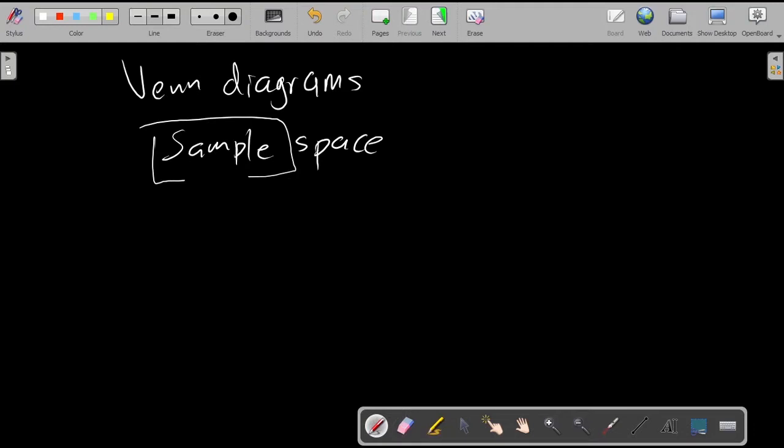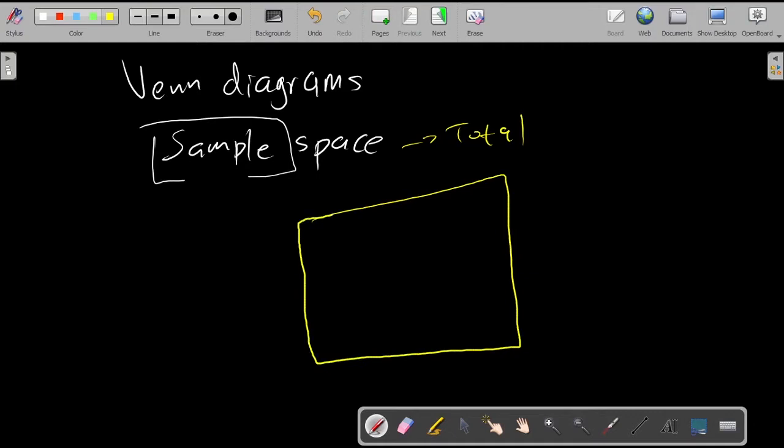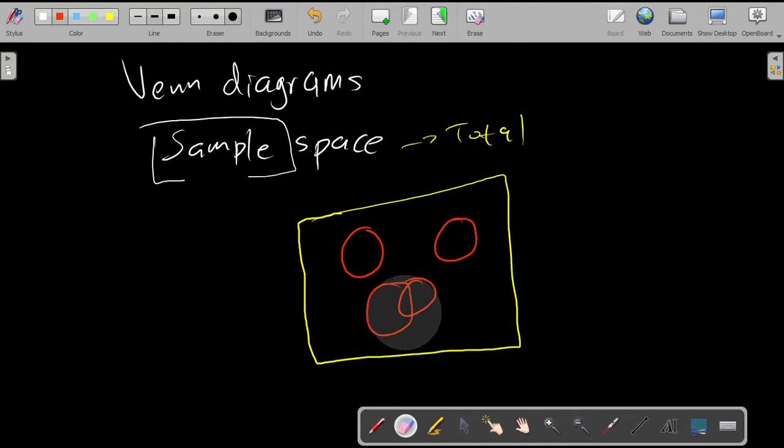And since we're only sampling, we expect to have a total. So in Venn diagrams, the sample space, or everything which is part of the sample, will be in a box. Then you have circles which represent classes, and these circles can intersect or they can be separate circles like that.